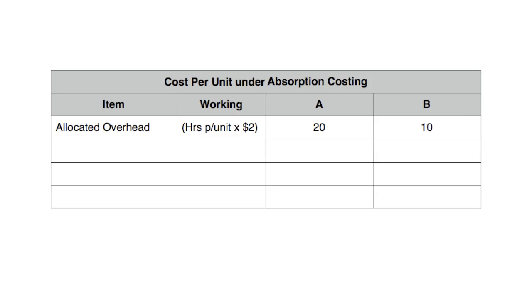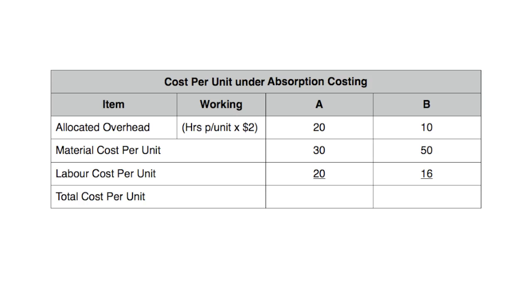For B, we have 10, which is our 5 machine hours per unit times $2, our absorption rate. Don't forget, we also have materials cost per unit of 30 and 50, and labour cost per unit of 20 and 16. All of that gives us a total cost per unit for unit A of 70 and for unit B of 76. So make sure you're comfortable with how you calculate the cost per unit under absorption costing.